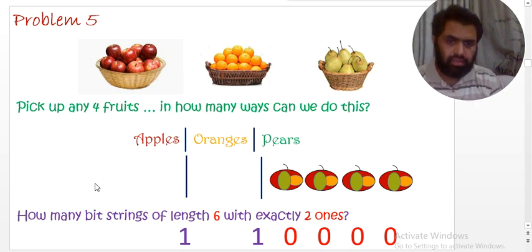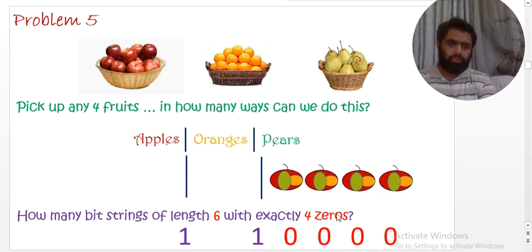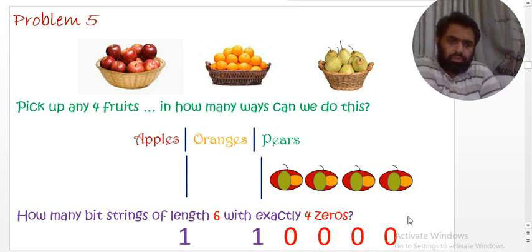So if the length of the binary string is 6 and there are exactly 2 ones, I get 6 choose 2. We can say 2 ones or we can say 4 zeros, so it's 6 choose 4. So 6 choose 2 and 6 choose 4 are the same.